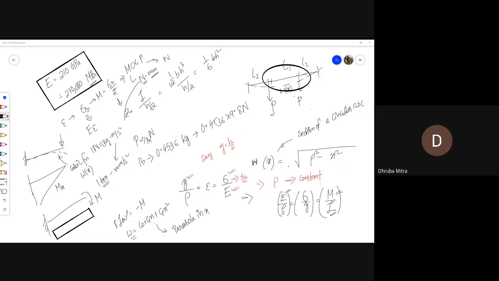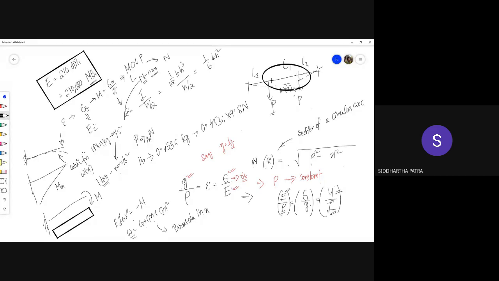The question is that on one side we see that W is supposed to be changing in a circular arc. So basically W and X forming a circle. Okay. And let's say X is being measured, so this is the origin of X, exactly in the middle of the section.